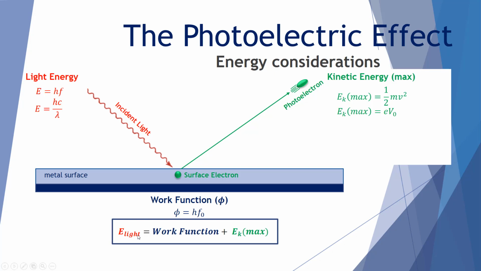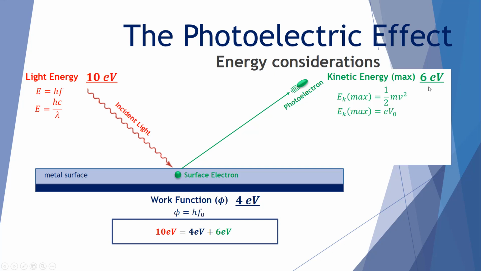So the incoming incident light delivers energy to the electron. Part of it is used to release it from the metal surface, and what's left over is expressed as kinetic energy. So for example, if I had 10 electron volts, a unit that's commonly referred to with light, coming in from the light, and the work function of this particular metal is 4 electron volts, 6 electron volts is left over for kinetic energy.